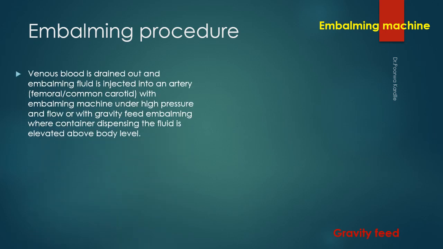So if we see the embalming procedure, initially the body is brought to the dissection hall or any approved institute for embalming process. So here we remove the venous blood from the dead human body through its right internal jugular vein, and then the embalming fluid is injected into the femoral artery or common carotid artery with the help of embalming machine.